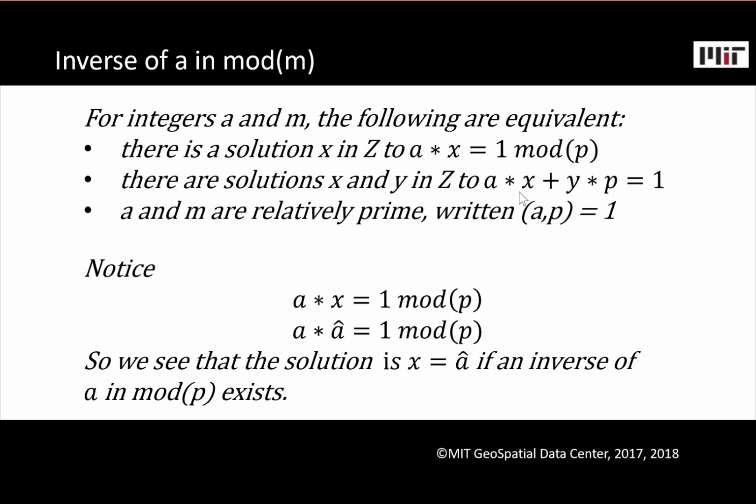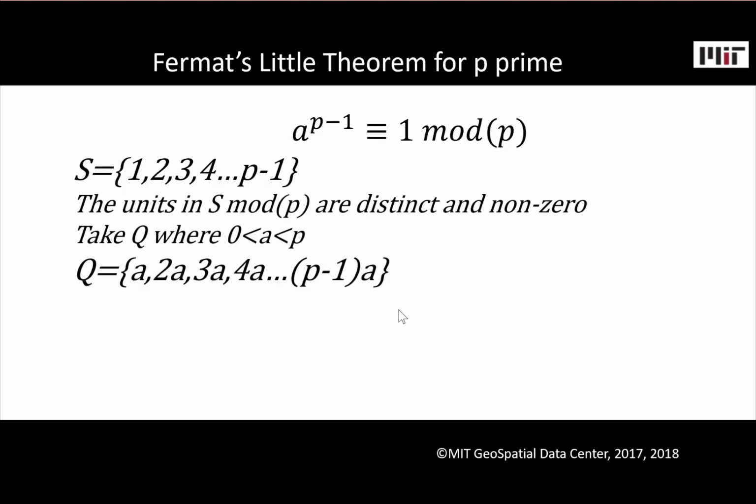So an equivalent statement is that a times x plus y times p is 1 in mod p. Another way of saying this is that a and p are relatively prime, so they have no common divisor. As I said, ax being 1 mod p is equivalent to there being an inverse. So if a has an inverse, then this is true.